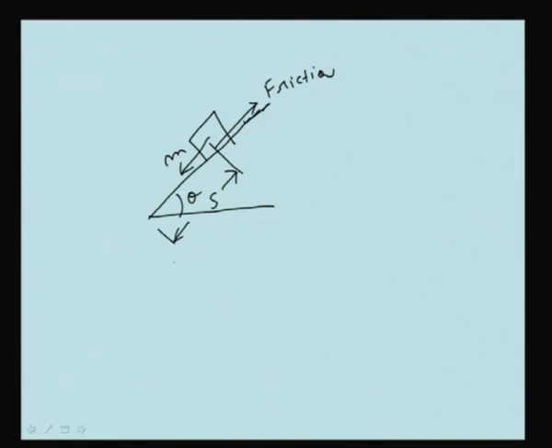That is, we can say it is just the work energy theorem: mg sin theta minus mu mg cos theta are the forces and S is the distance covered, equal to half mv square.